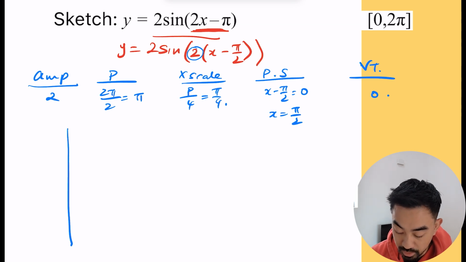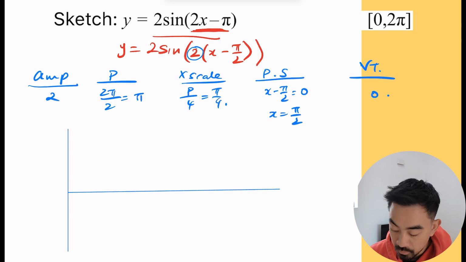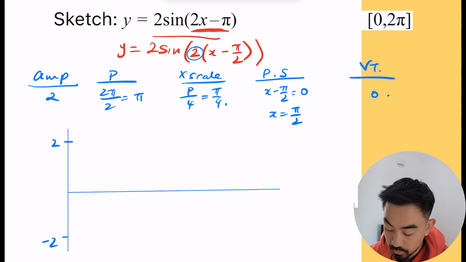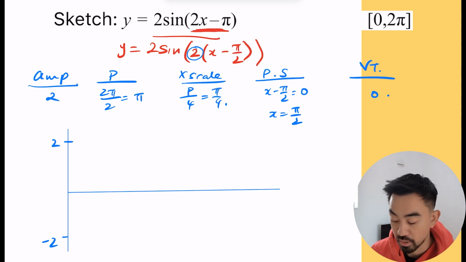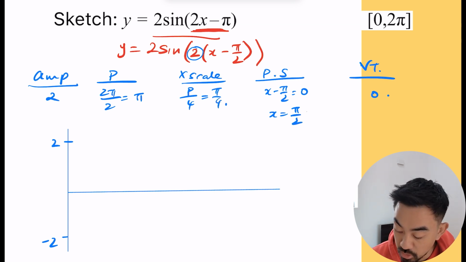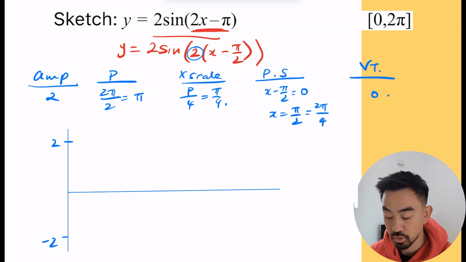All right, so once again, draw up your axis. 2, minus 2. Here it's a little bit different now because your x scale has a different denominator to your phase shift, or where you need to start. So I'm just going to change the phase shift so it has a denominator of 4. And that tells me my starting point should be 2 pi on 4.